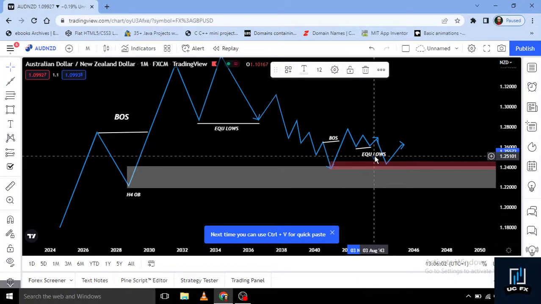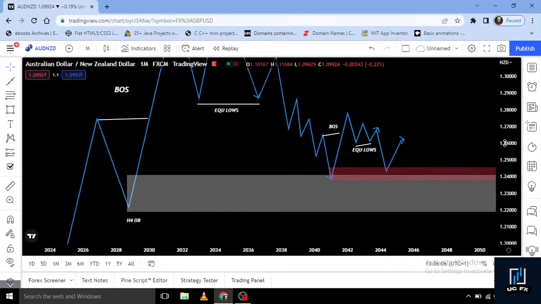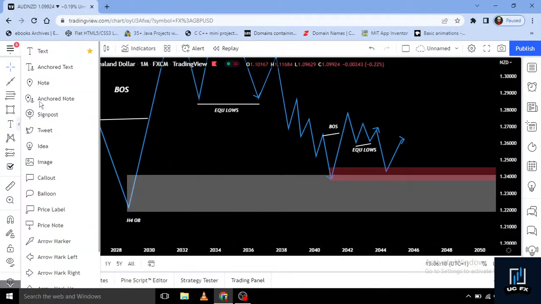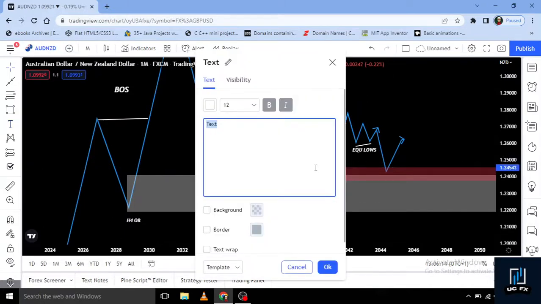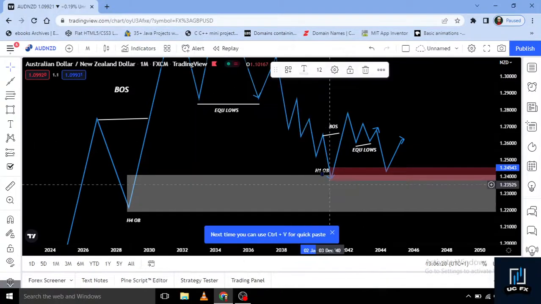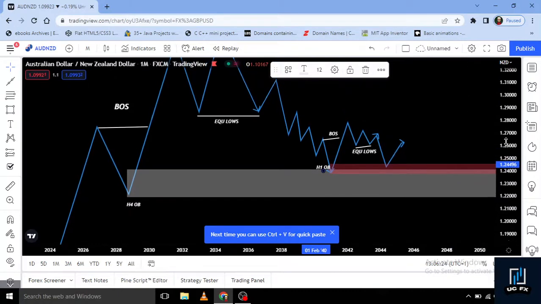We have another equal low right here, and we have our H1OB. So you're gonna be labeling that as well. We have our H1OB right here as well.